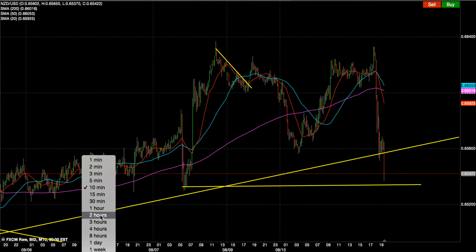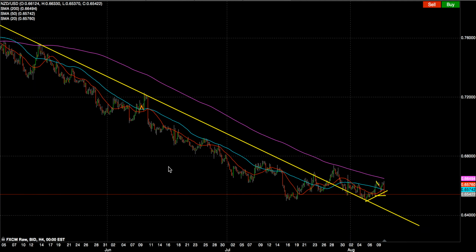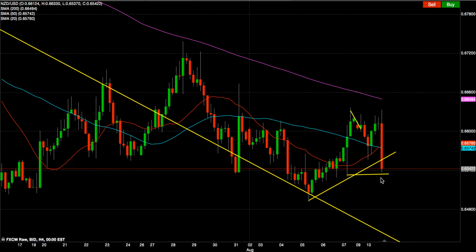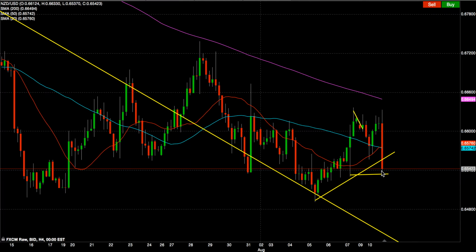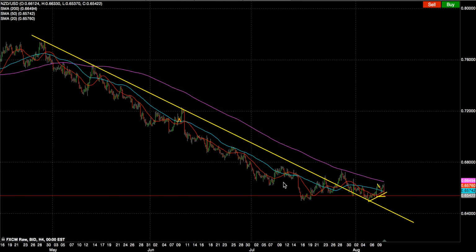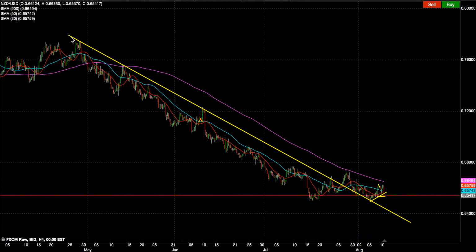Let's take a quick look here at the 4-hour time frame. So yeah, very nice reversal here on the 4-hour candle. Believe it or not, this could come back and retest this much longer term down trend line here that I've got drawn here.